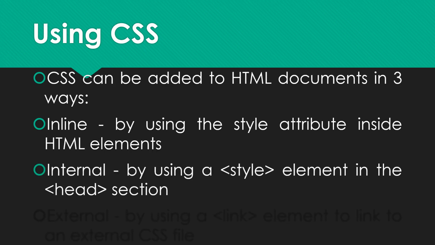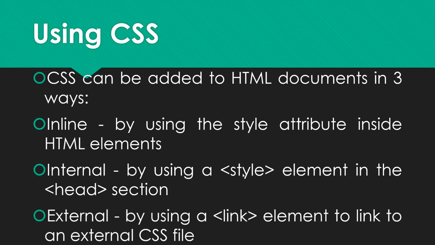Another way, we can add CSS using internal. To use the internal method, we use a style tag, as you can see here, as an element in the head section, and then we use that element to define the rules on how our document should appear.